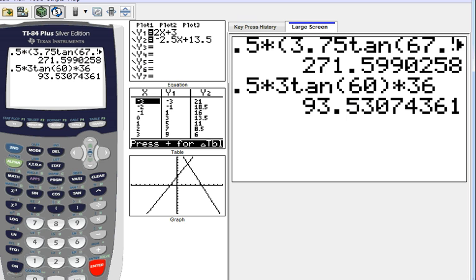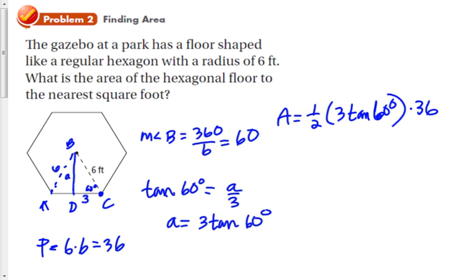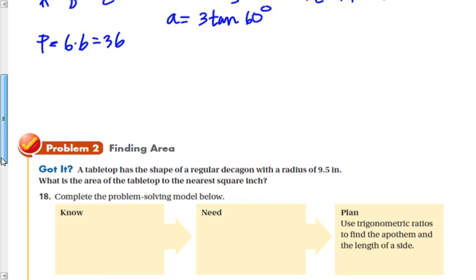On my calculator, I did 0.5 times 3 times tangent of 60 times 36, and I got 93.53. It says to the nearest square foot, so we're going to say it's about 94 square feet. All right, you try that.